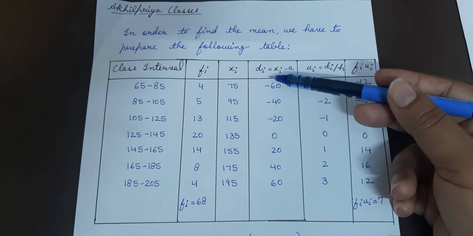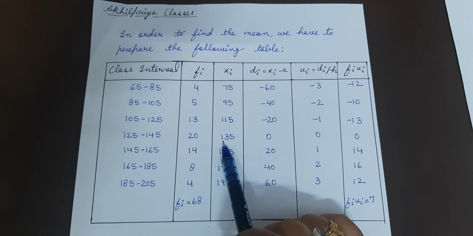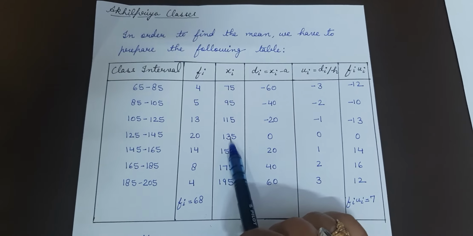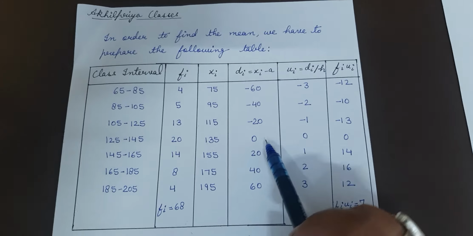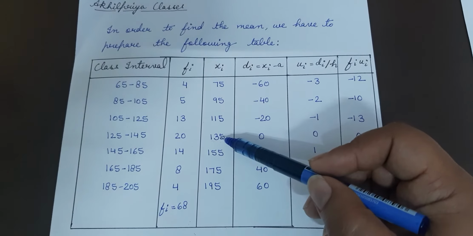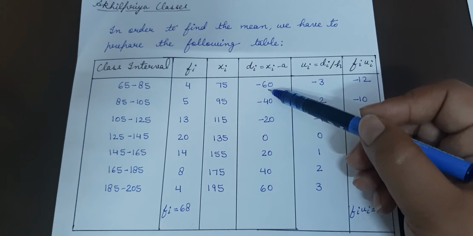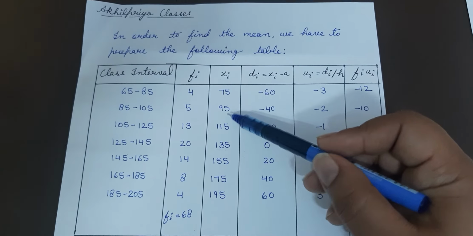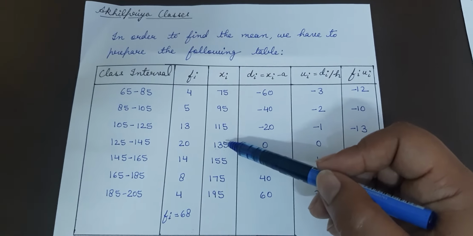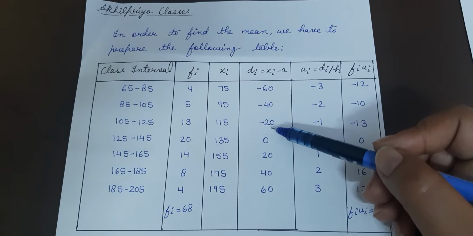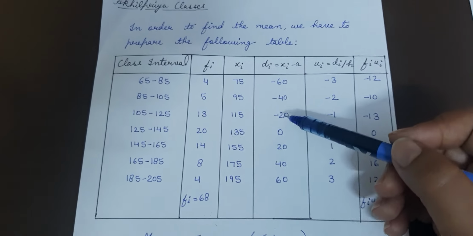Here di is basically the difference xi minus a, where a is 135, the value of xi of the median class. So by subtracting, 75 minus 135 is equal to minus 60, 95 minus 135 is minus 40, 115 minus 135 is minus 20, 135 minus 135 is equal to 0, and so on.